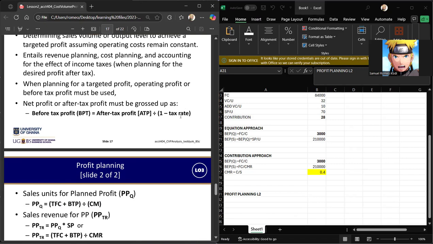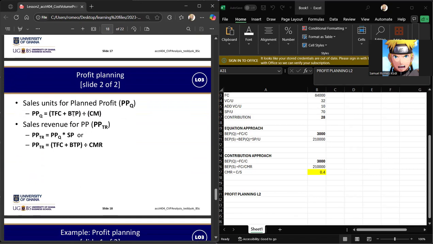Definitely they want you to know, based on the tax rate given, that this was a profit after tax. But sometimes they can give you the profit and the tax rate, and it will be a profit before tax. So you have to watch out for the question. This part is very confusing. Okay, let's move on.